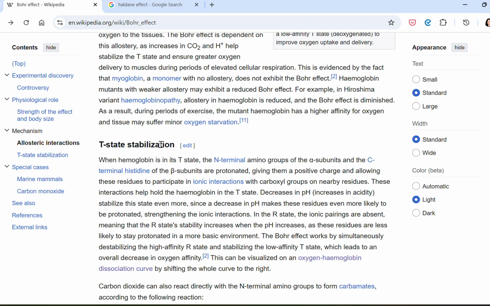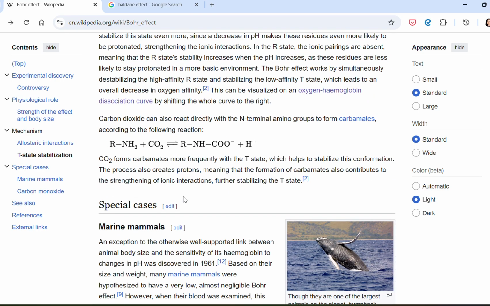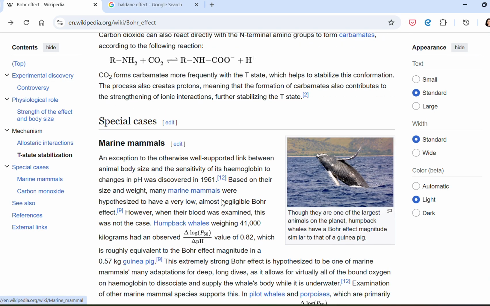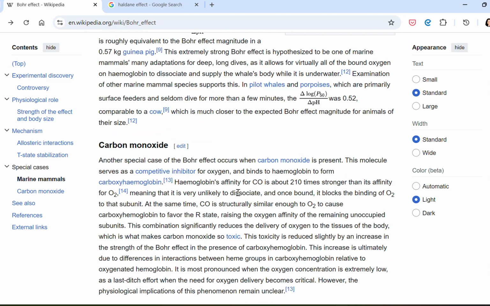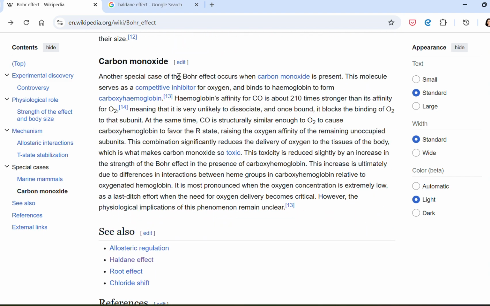So we've seen the T-state and R-state, the tense state and the relaxed state. The relaxed state can be achieved by cooperative binding. And carbon monoxide is a competitive inhibitor for oxygen.